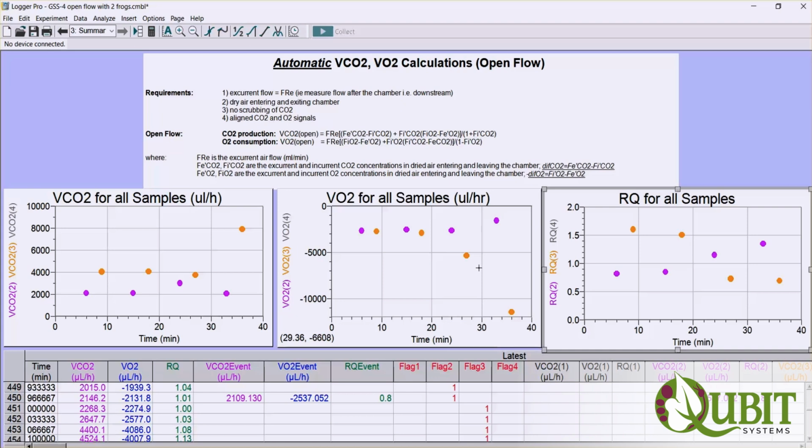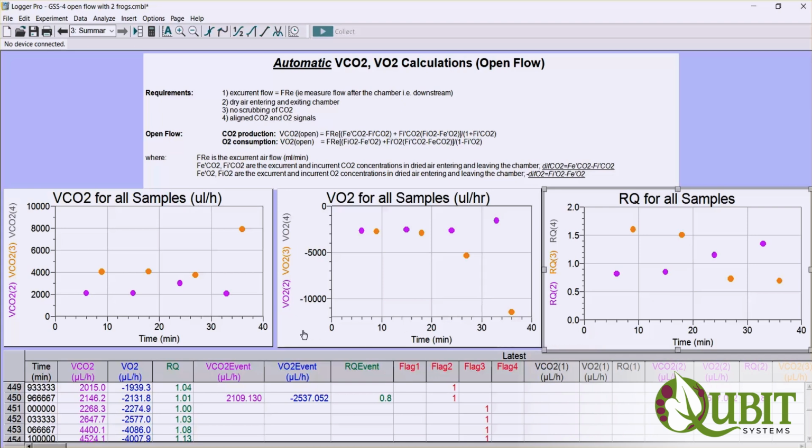So in the summary data, you will see the graphs of the metabolic parameters, VCO2, VO2, and also RQ, which is the ratio of VCO2 to VO2. RQ provides information about the diet of the animal and other physiological states.